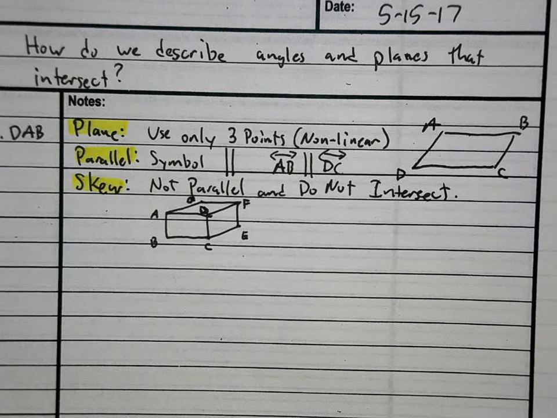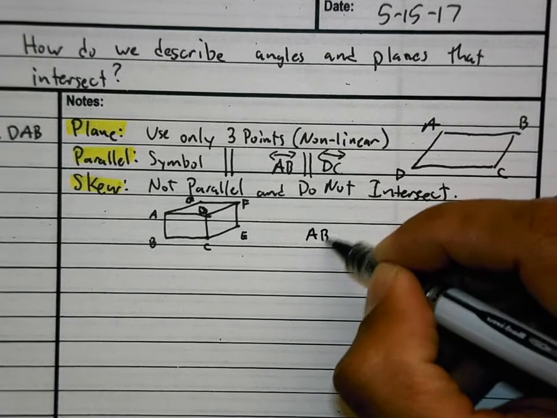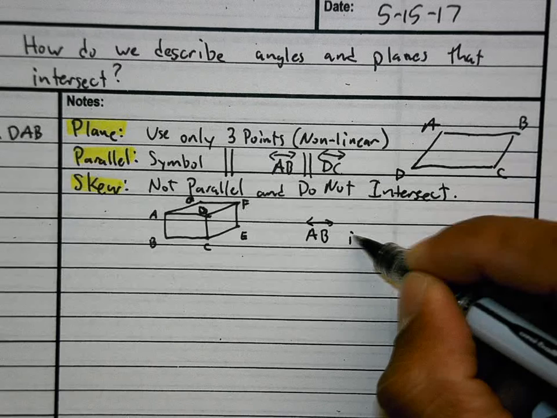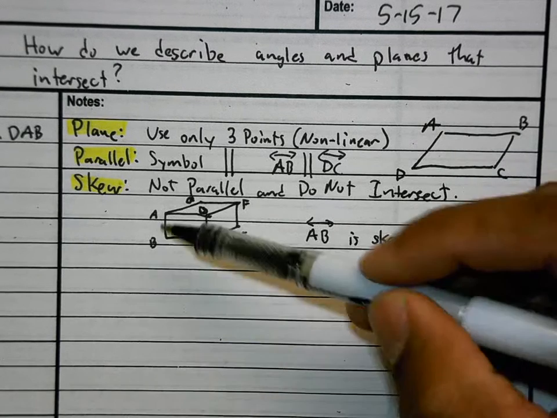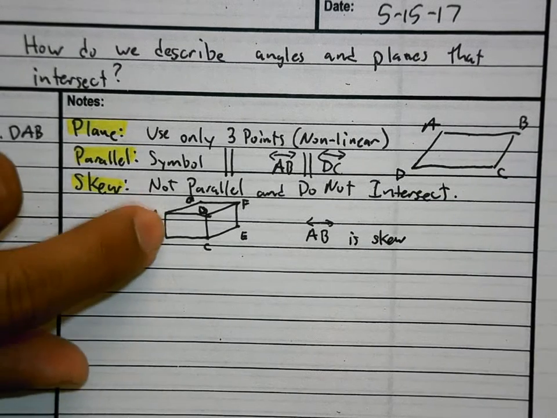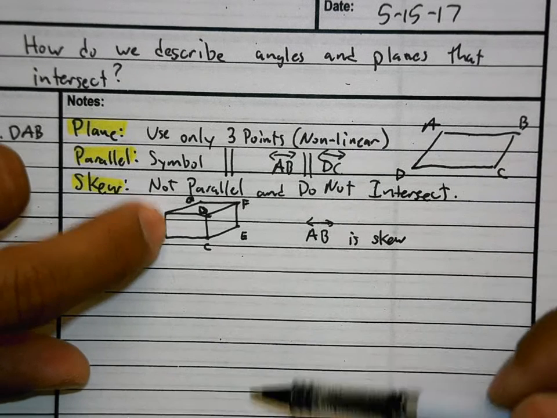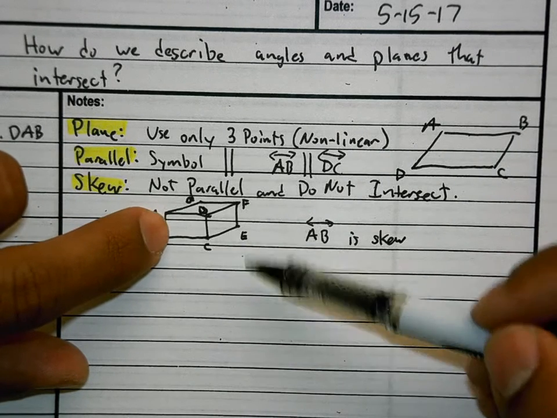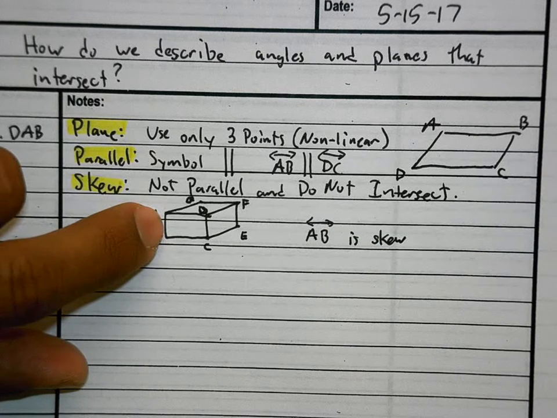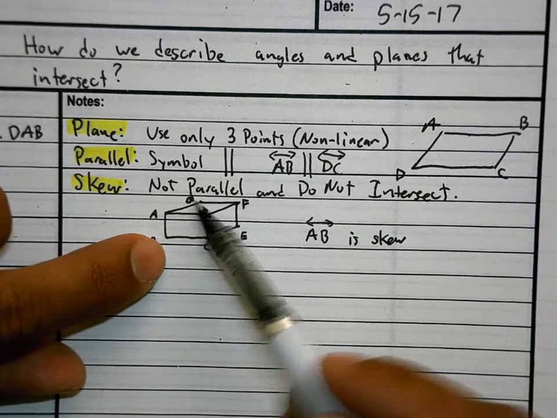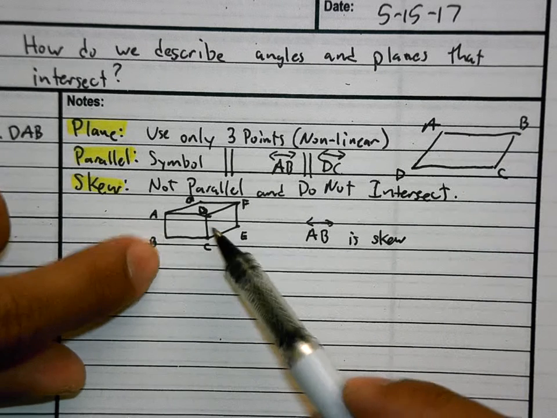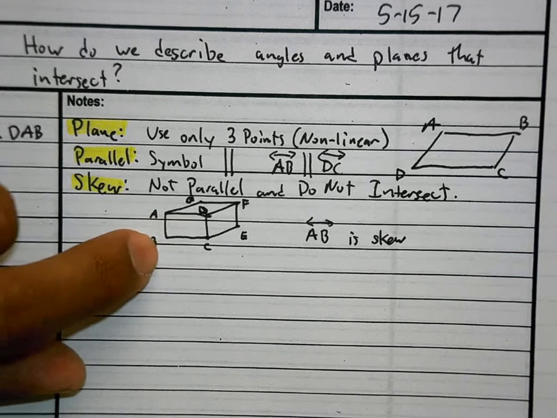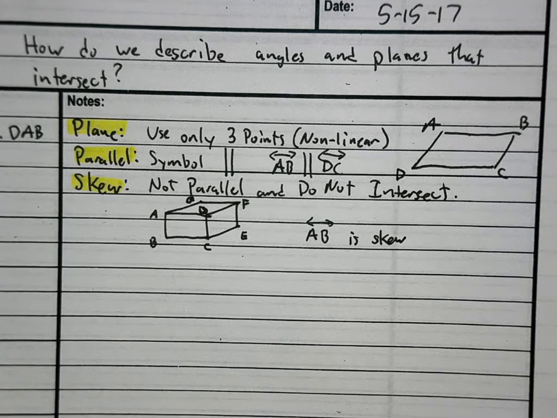So an example of what is skew. Line AB is skew to... it can't be parallel, so we're not going to use DC. And it can't intersect. I'm not going to use EF because EF looks parallel. I can't use GA because that intersects AB. I can't use AD because that intersects. I want something where I have one line going like this and the other line is just going to go completely skew to it.